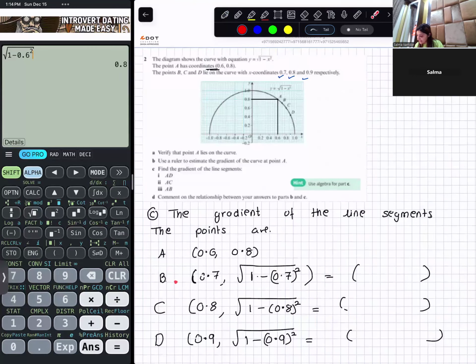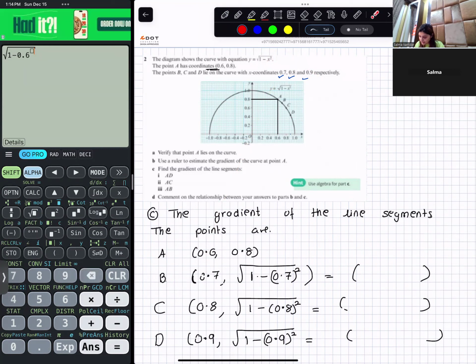B, x coordinate is 0.7, and for the y coordinate, I would substitute the value of x in the equation of the curve. So it is going to become 1 minus 0.7 the whole square. So the y coordinate is going to be 0.7, 0.714.